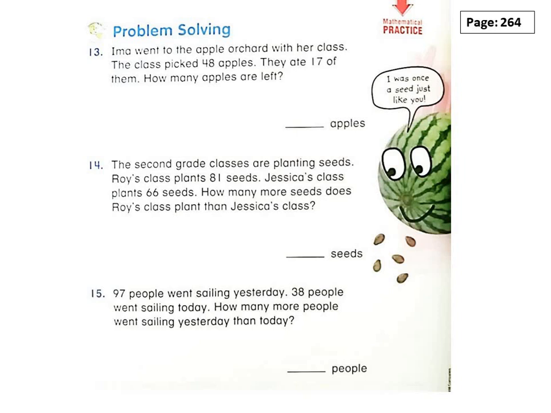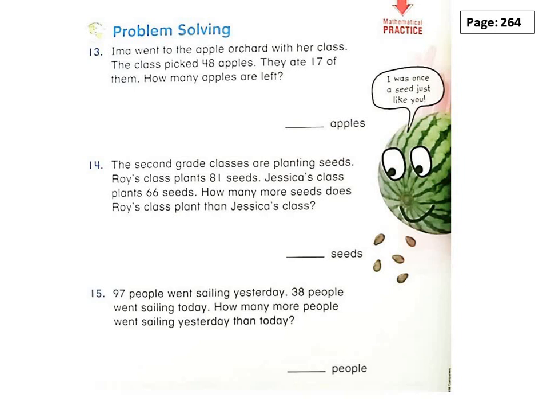264. We have 3 problems here. Interesting. Let's see question number 13. Emma went to the apple orchard with her class. The class picked 48 apples. They ate 17 of them. How many apples are left? What do you think, grade 2?